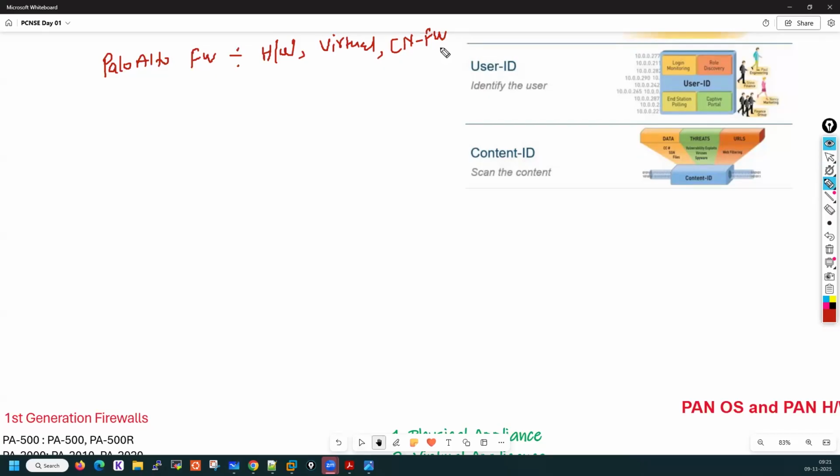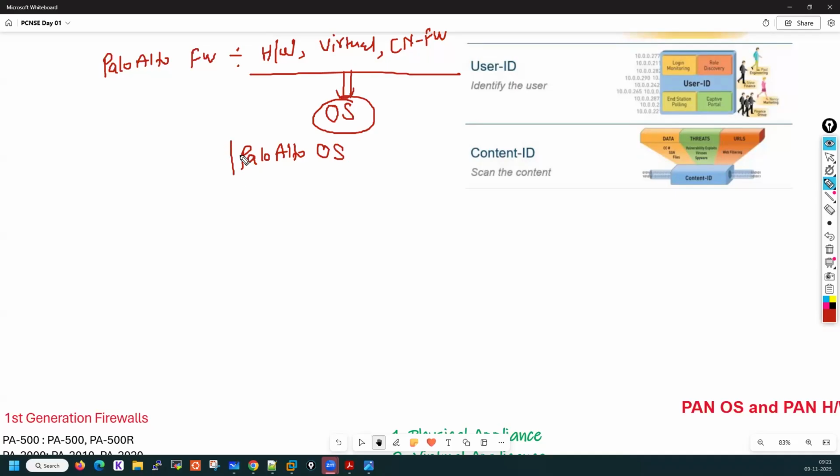Cloud native firewall, okay? They are running one operating system, right? We need an operating system to interact with the hardware. And the operating system running on those Palo Alto firewalls is known as the Palo Alto operating system.